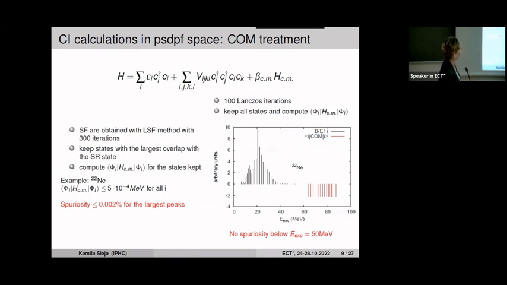Here, the red peaks on the negative scale are the center of mass eigenvalues. You see that they appear at energies no longer covered by the distributions that we will study. So we don't have any spuriosity below, let's say, 50 MeV, where the B1 distributions are considered. Especially, I will be really interested in the low energy region, up to around 15 MeV.